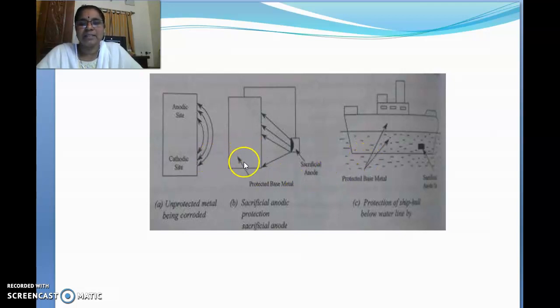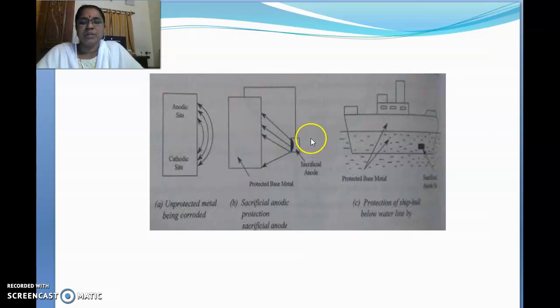Look at this. Imagine this is the base metal which is protected. This is the more anodic metal. Slowly you are going to observe the corrosion take place. You have to check this for a certain duration of time. When the whole sacrificial anodic metal gets corroded, you have to replace it with a fresh one, so that the base metal will be protected.